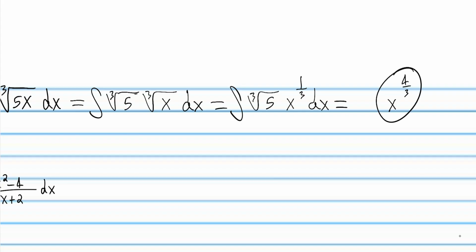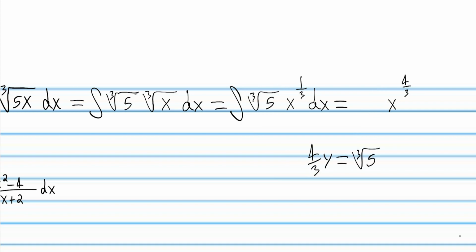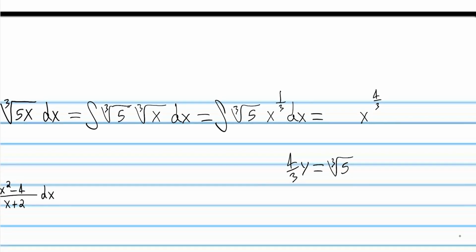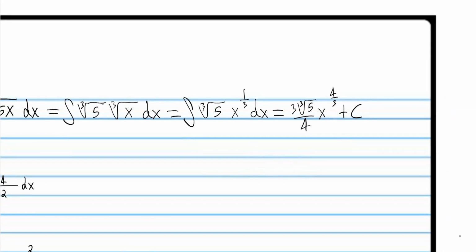And when we go backwards and try to test our answer, we have to use the power rule, bring that 4/3 down, and multiply it into something such that we get this. So 4/3 times what number is equal to the cube root of 5? Well, that's obviously equal to 3 times the cube root of 5 over 4. And don't forget to add your c value.